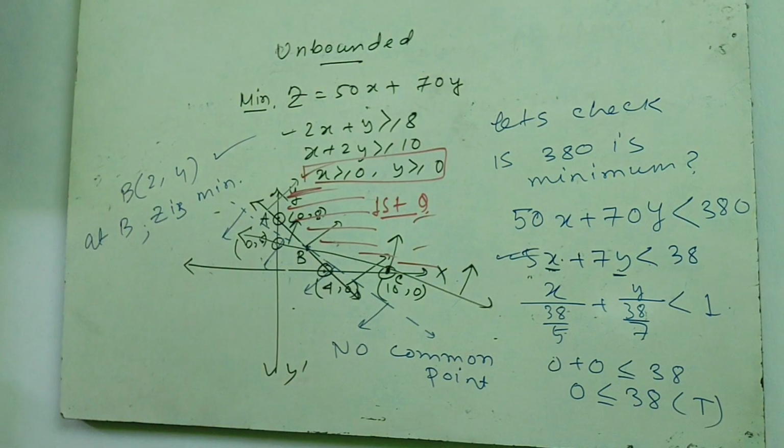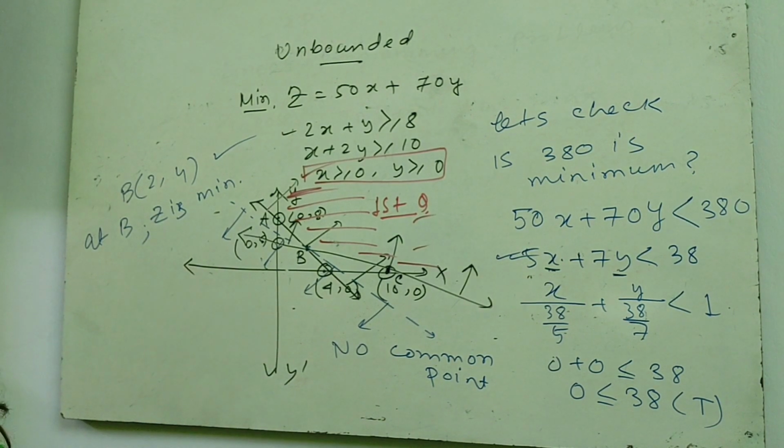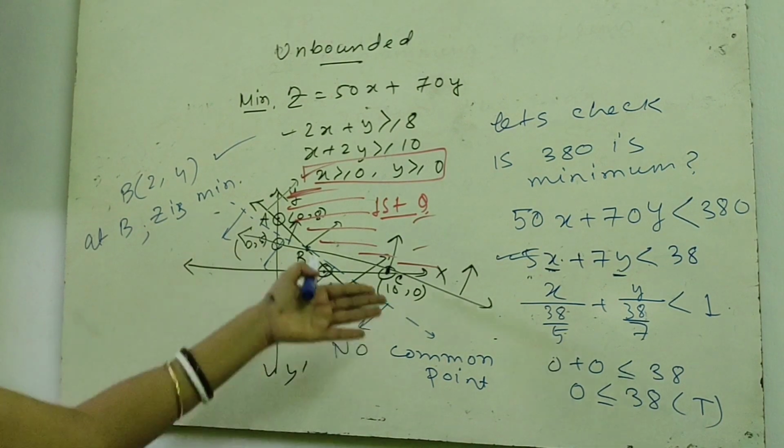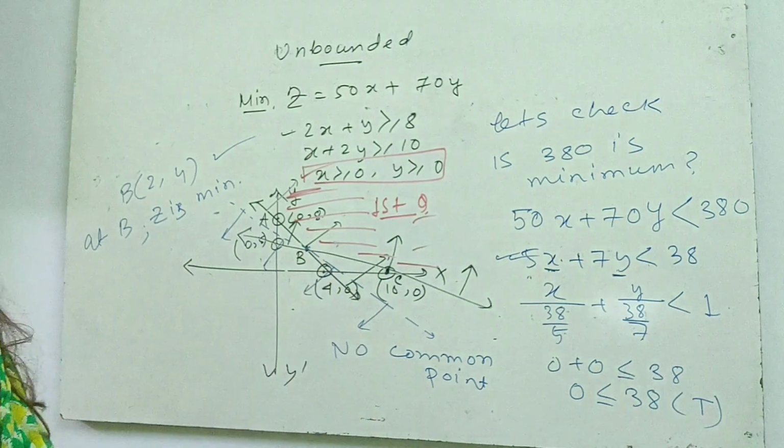Okay. So you learned two types of solutions, that is bounded and unbounded solutions. These are the basic two types of solutions you will get in your exams. Another type of question you will get is where a question will be given and you have to formulate the inequations, but you don't need to draw the graph.